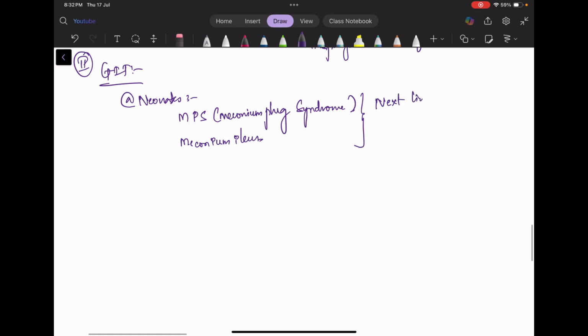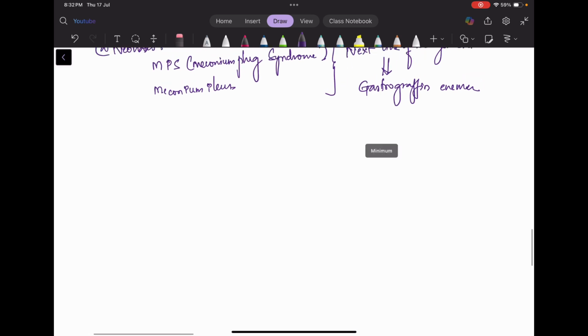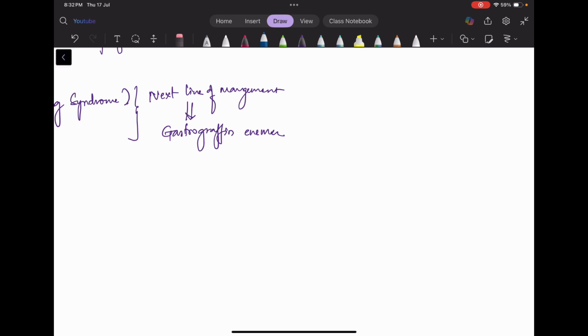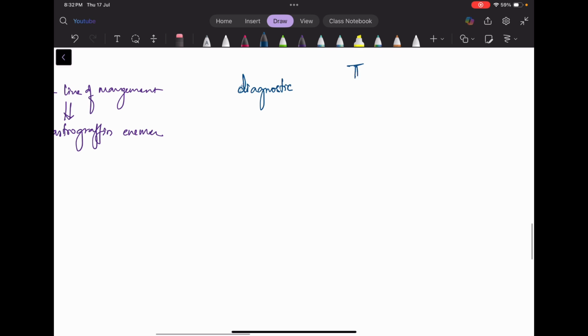So how will you manage it? If meconium is not coming, then we have to take it out, right? So we give a gastrografin enema. There is something called diagnostic and therapeutic. Listen carefully.